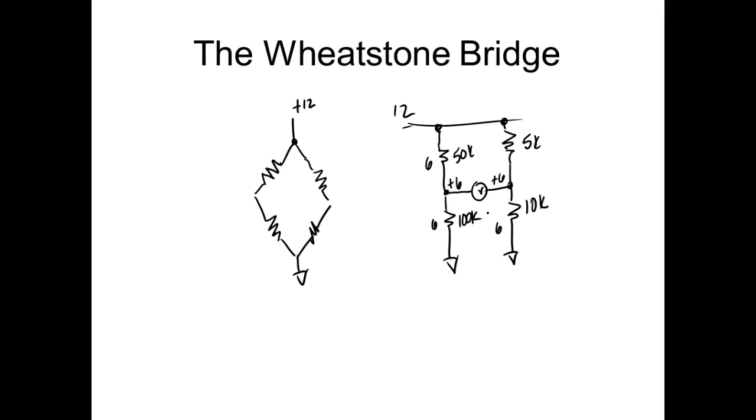So let's do it. Let's see if the voltage drop is the same. So this will be 10K divided by 15K, right, times 12. Of course, the K cancel each other out, right? You understand that? Then this over here would be 50K divided by 150K.